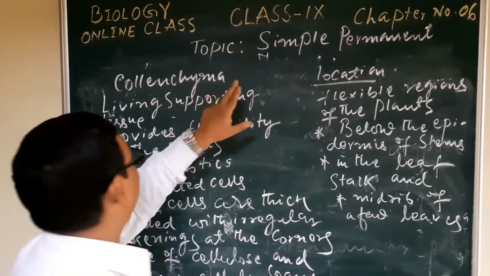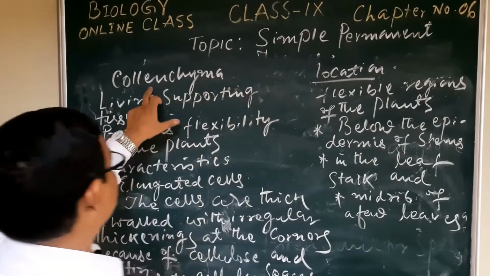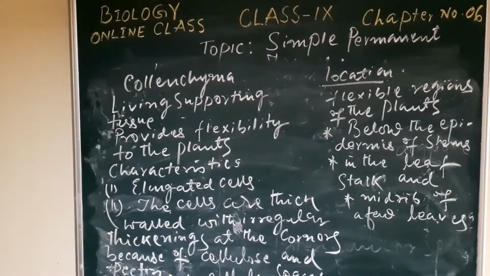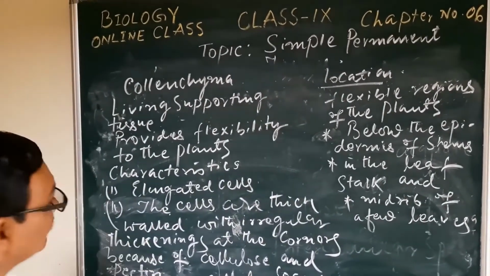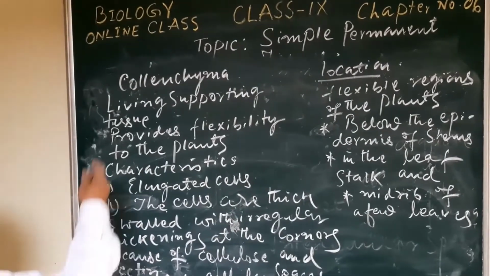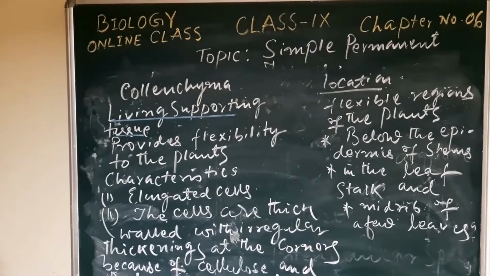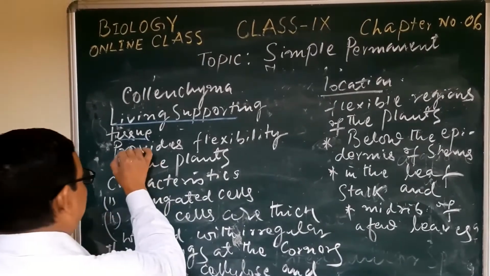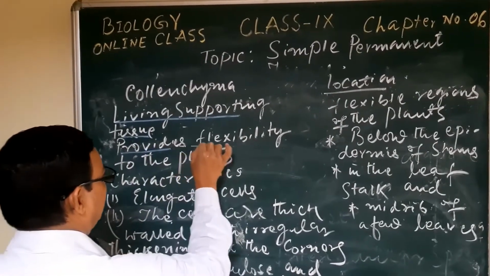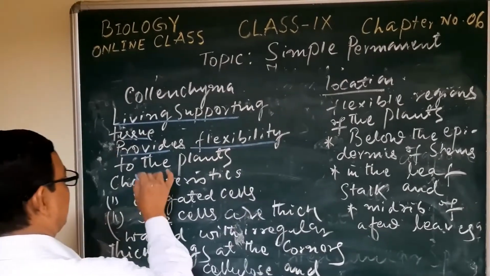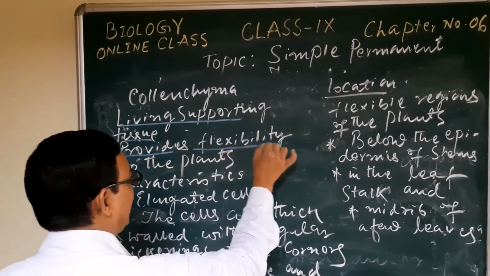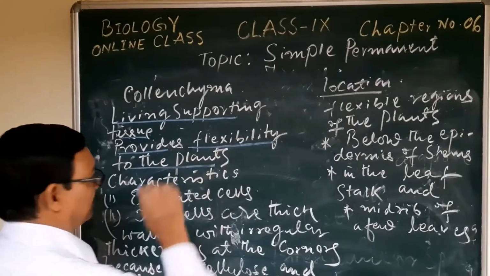Here is the second important type of simple permanent tissue, that is the Collenchyma. The tissue has living cells, and it mainly provides flexibility to the plants.